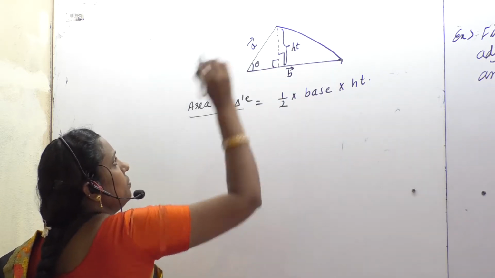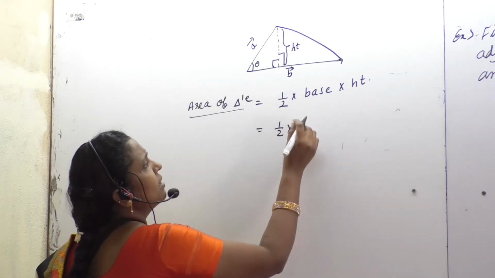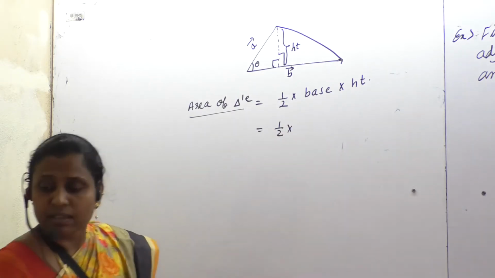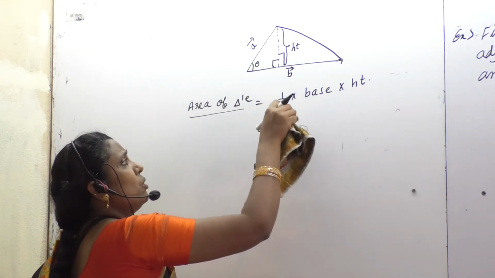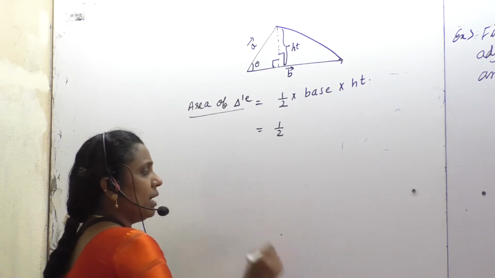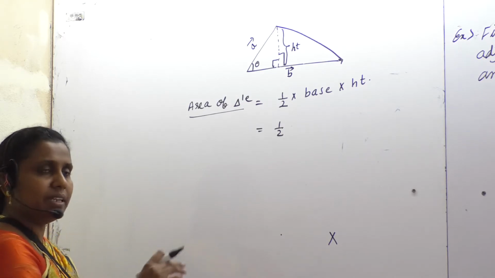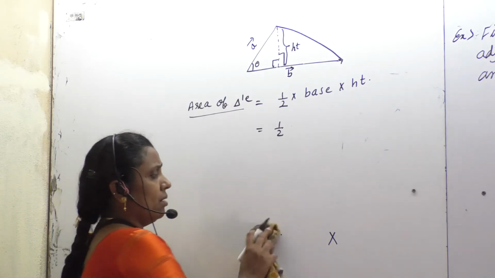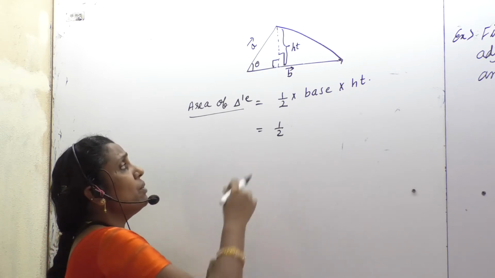Okay. So here half into base. See, we must be very careful while studying about cross product and dot product in the vector. Dot product and cross product, each has its own weightage. The meaning is totally different. But in common operation with the numbers, what are we using?